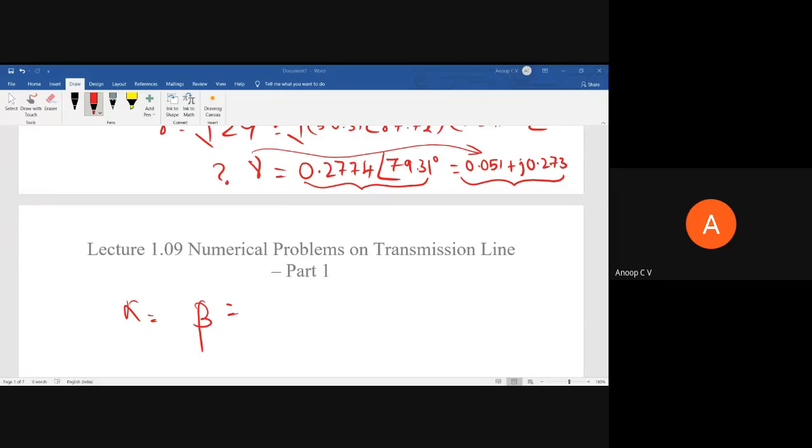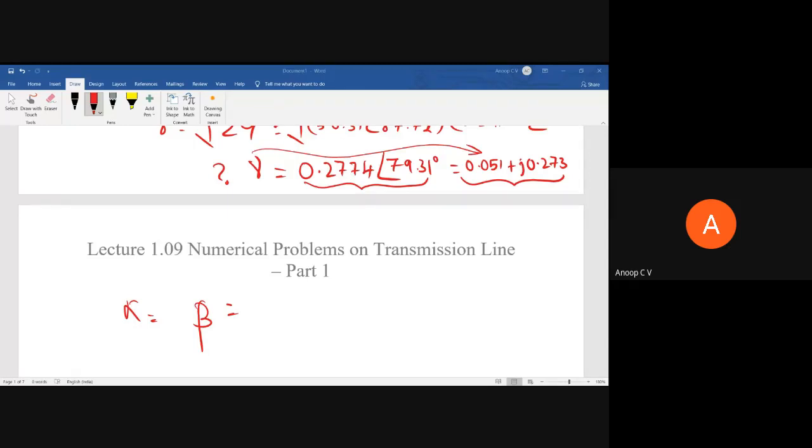Please do type in. I'll give 20 seconds or else I'll type it in myself. Yes, it's 0.051 and 0.273.